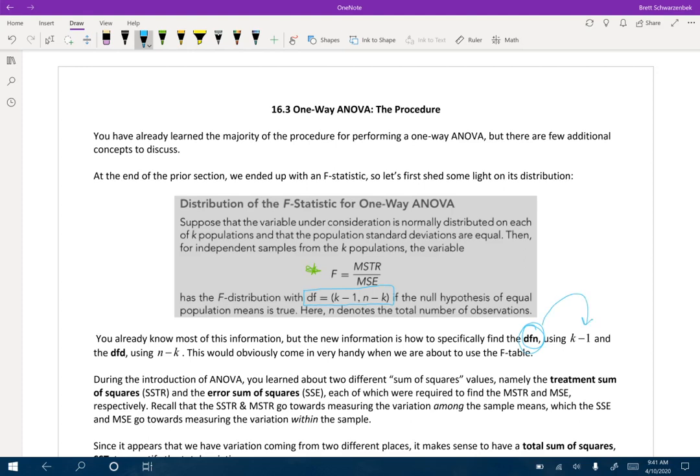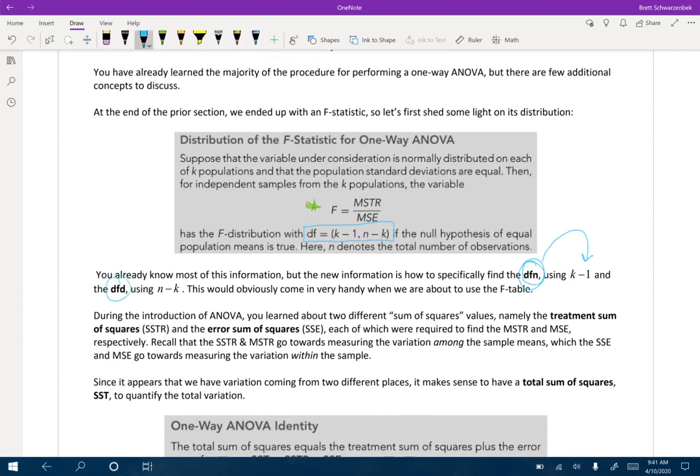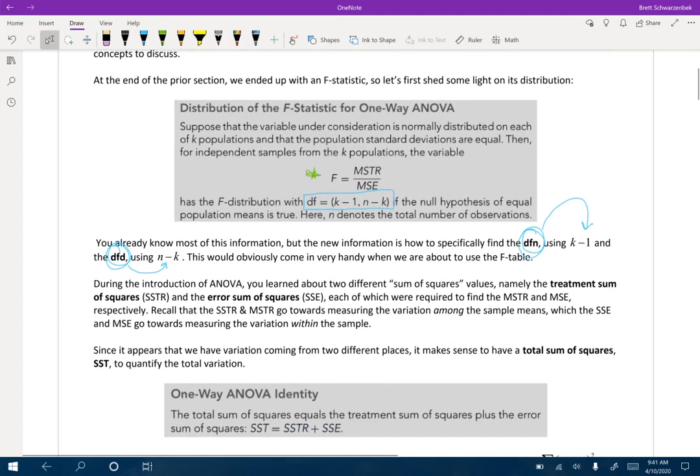Remember, k is the number of populations in our scenario, and the degrees of freedom denominator is always going to be equal to n minus k. So k is still the number of populations, but n represents the total number of samples that we took. You have to know the degrees of freedom in order to make these judgments, so make sure that you are very clear on how to do that.